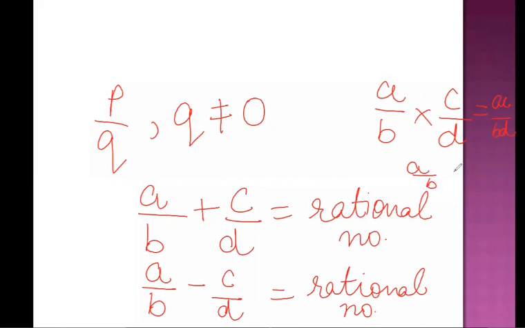A upon B divided by C upon D is also a rational number. So according to closure property, when two rational numbers are there, the operation which we apply gives the result as a rational number only.